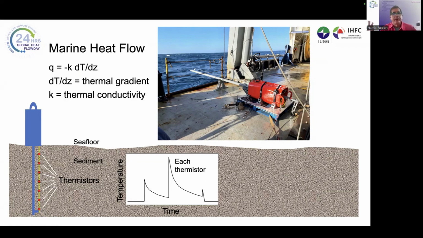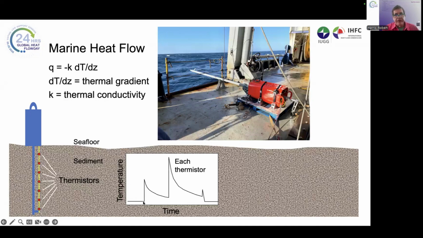And in general, for marine heat flow measurements, the vast majority of them are made in sediment. So sediment is required to make the measurement. In general, a probe is inserted into the sediment. Here I show a series of thermistors, and each thermistor would generate a temperature time series that looks like this figure here, where it's hanging off the bottom in this first phase.